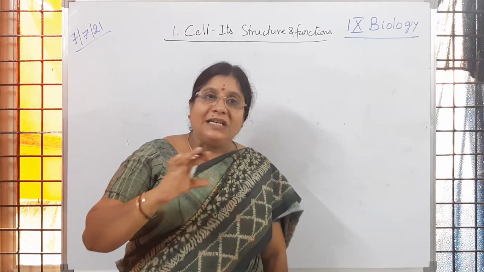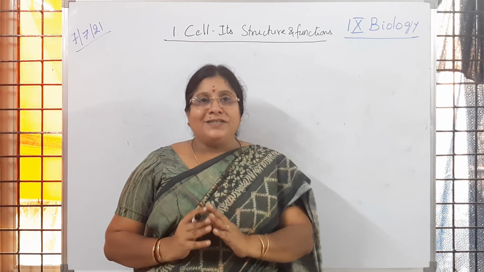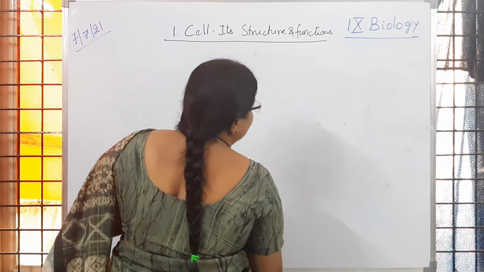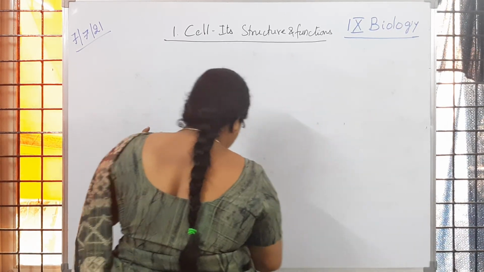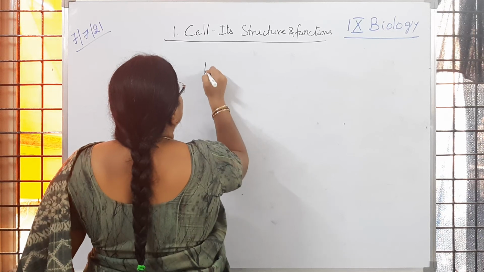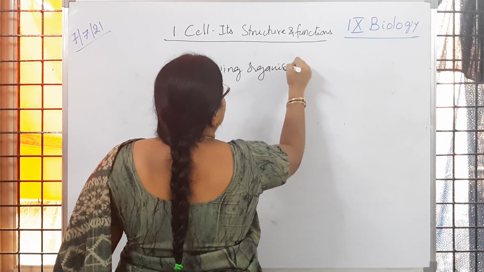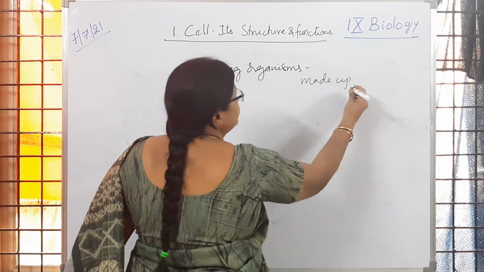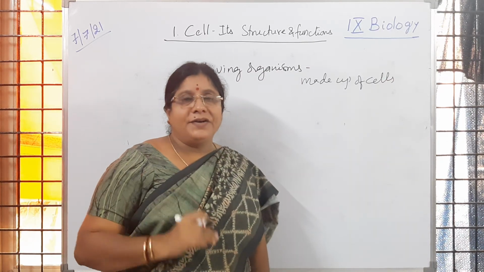Okay, if we observe all the living organisms which are present in this world, maybe single celled or multicellular organisms, all these are what you are going to understand with that: all the living organisms are made up of cells. All living organisms are made up of cells. That point you have to remember.